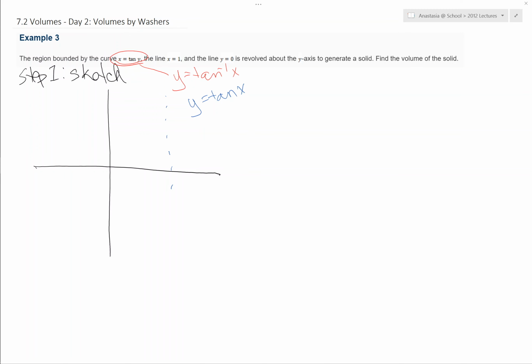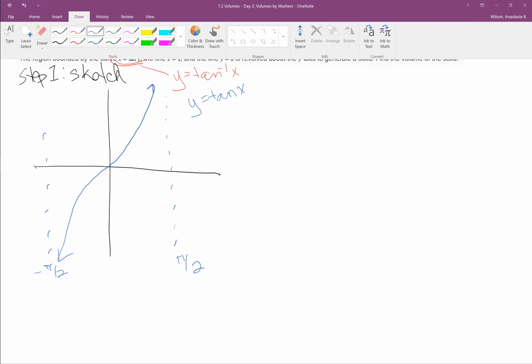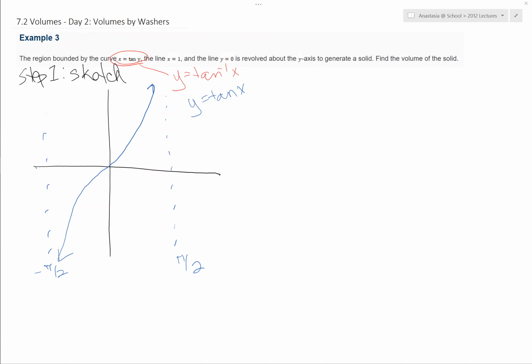So for the tangent function, we have vertical asymptotes at negative pi over 2 and positive pi over 2, and the tangent function looks something like this in between. So then if we graph y equals inverse tangent of x, we're going to have horizontal asymptotes at pi over 2 and negative pi over 2.